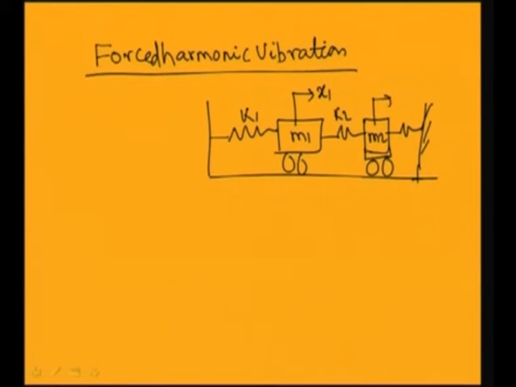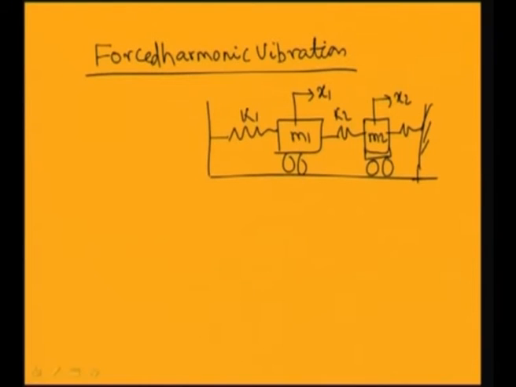These x1 and x2 are the generalized coordinates of the system. So, in this case you know that the equation of motion is M1 0, 0 M2. For the free vibration case you have already studied this equation of motion.